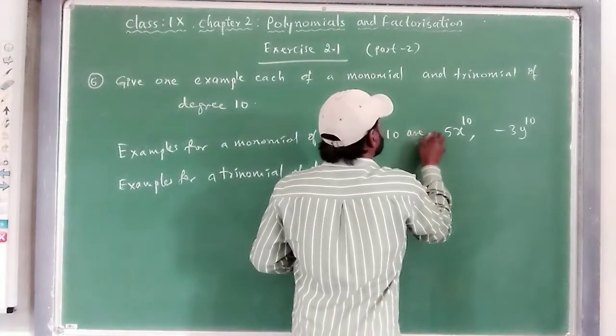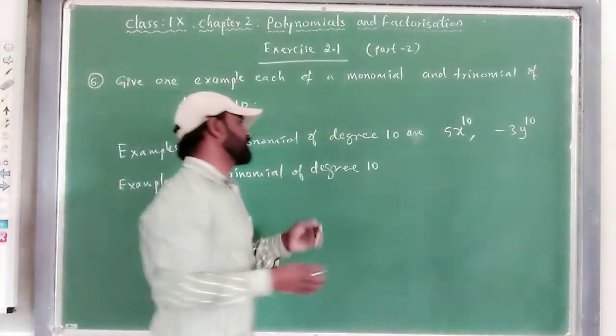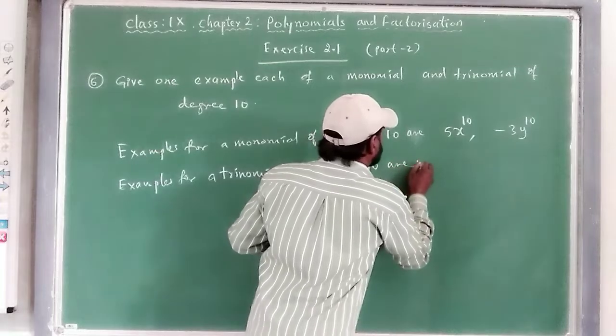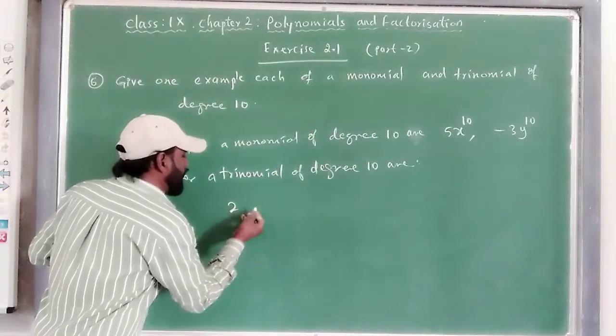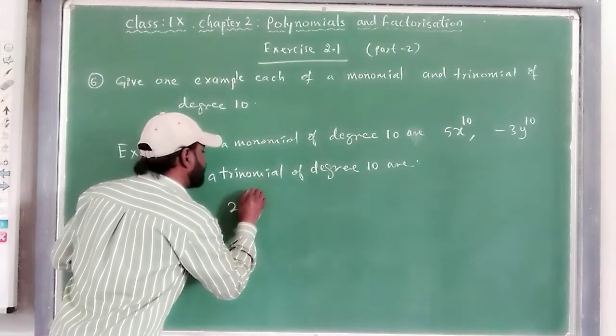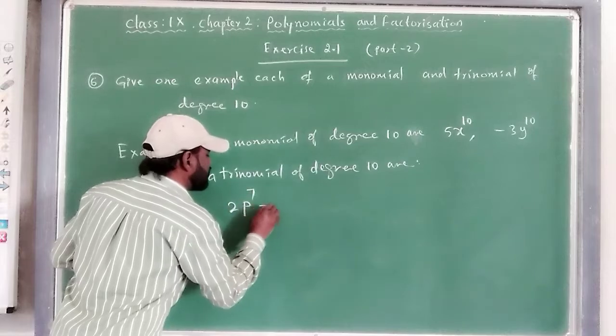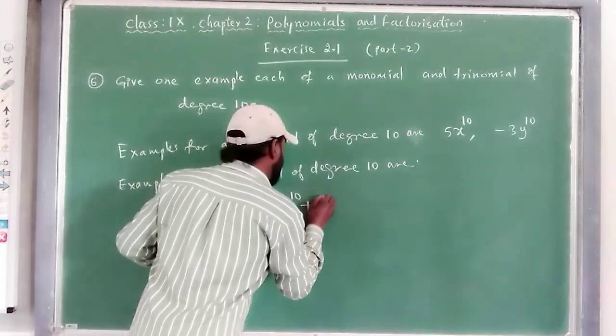Here I am writing two examples. Of course, they are asking only one example, but I am writing 2 examples. First one, I am using another variable here, p. 2p to the power of 7 minus 5p to the power of 10 plus h.